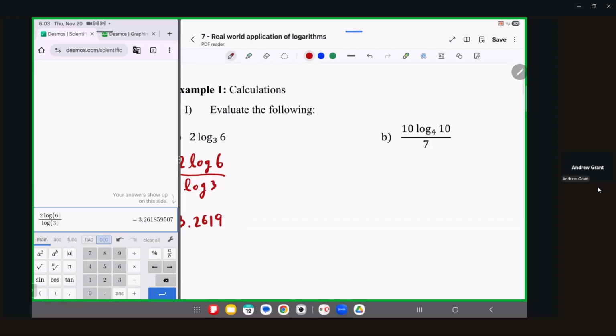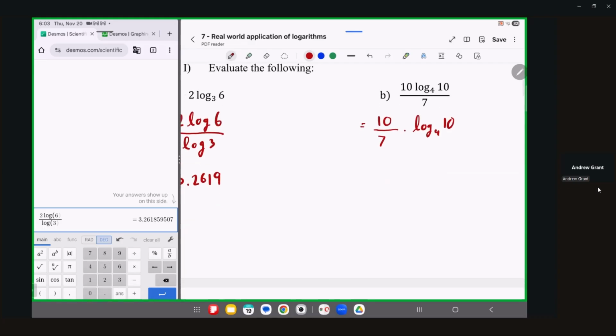For letter B, what do we do here? We have 10 times the log base 4 of 10 divided by 7. I would note that you can rewrite this as 10 divided by 7 multiplied by log base 4 of 10.